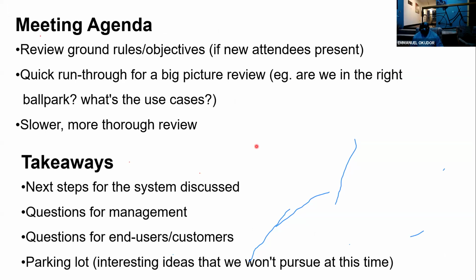The typical meeting agenda is the same as every other workshop. Present the objective, the big picture. Where are we? What do we want to achieve at the end of the workshop? What are the takeaways? Next steps for the systems are discussed.